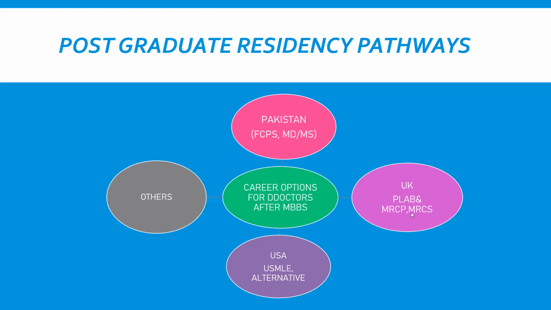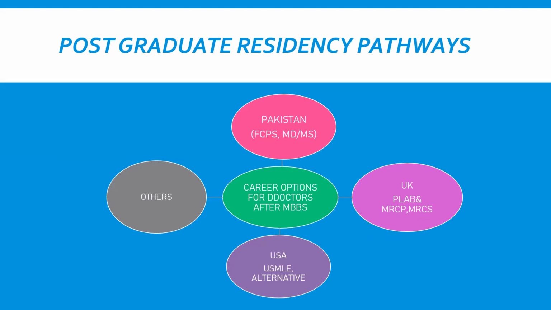MRCS stands for Member of Royal College of Surgeons, and MRCP stands for Member of Royal College of Physicians. MRCP is for doctors who are practicing medicine, and MRCS is for doctors who are practicing surgery.